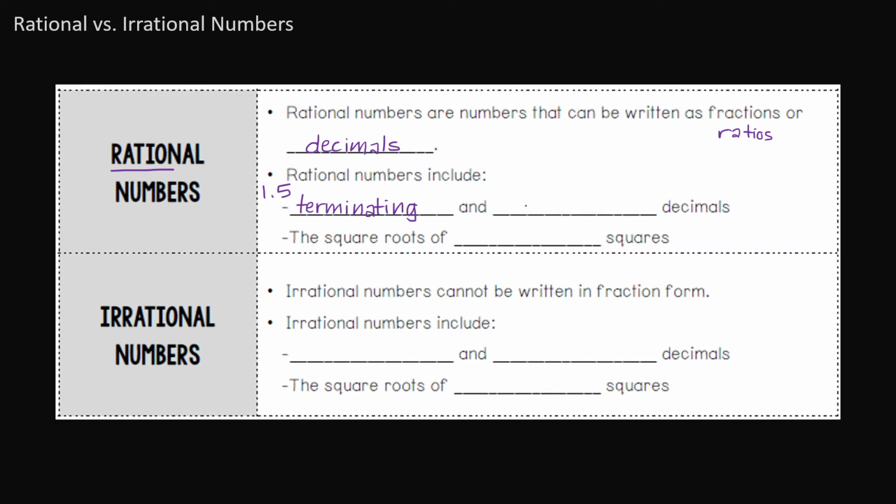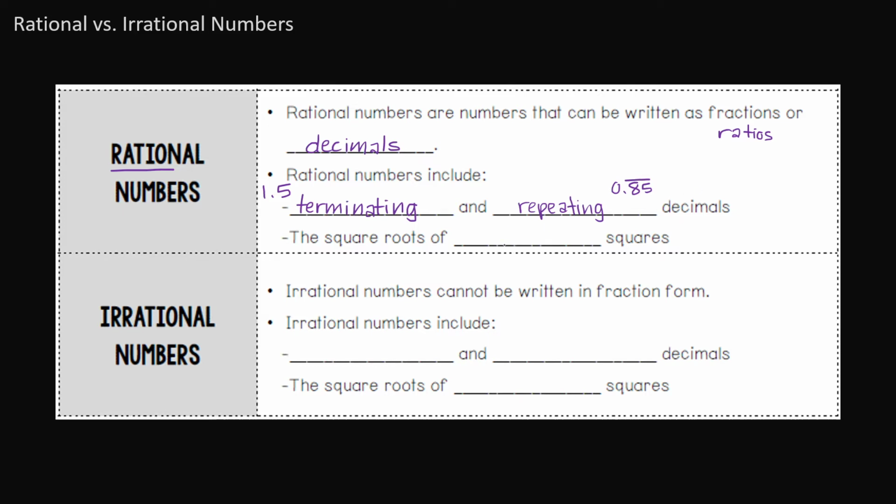And rational numbers also include repeating decimals. And to quickly remind you of what that looks like, let's say, for example, we have 0.85 repeating. There will be a repeat bar over the sequence that repeats. So this is really 0.85, 85, 85, on and on forever.